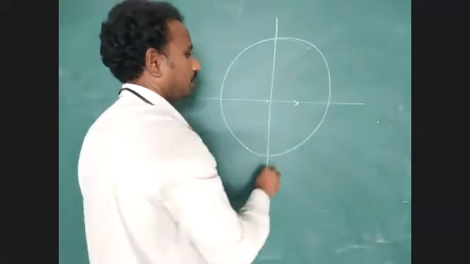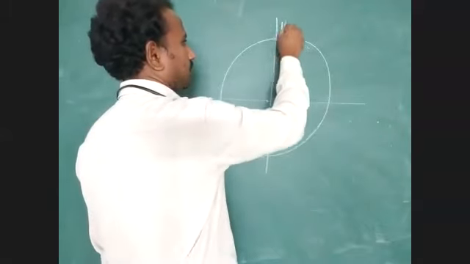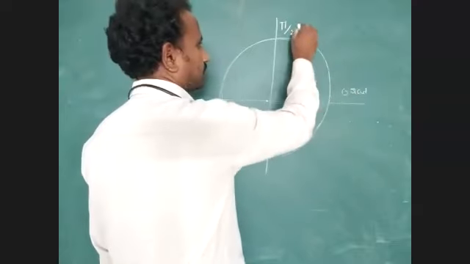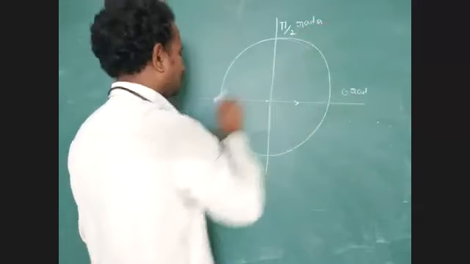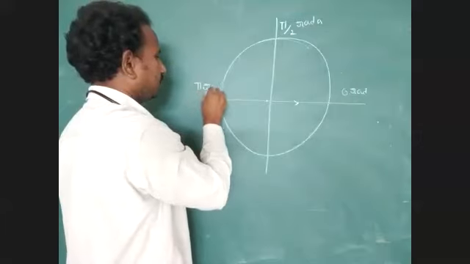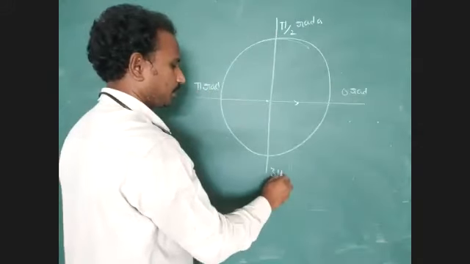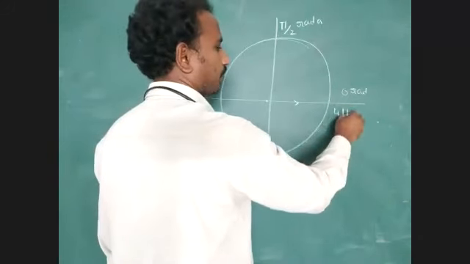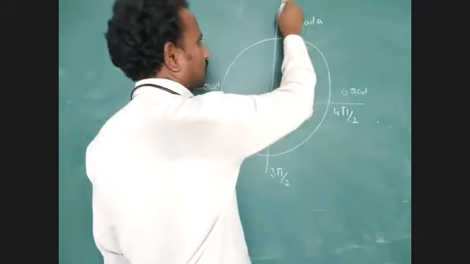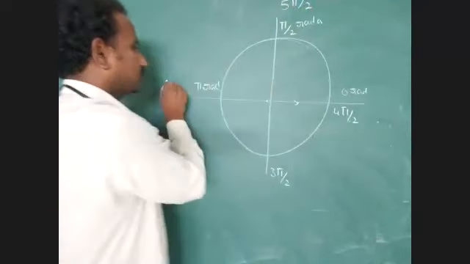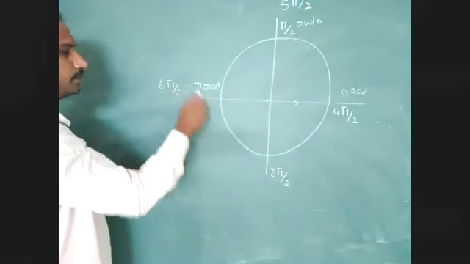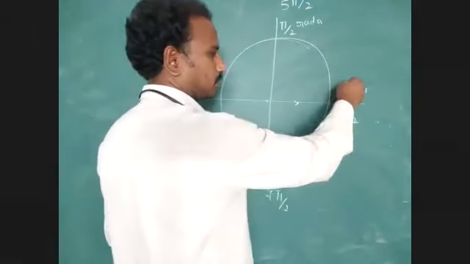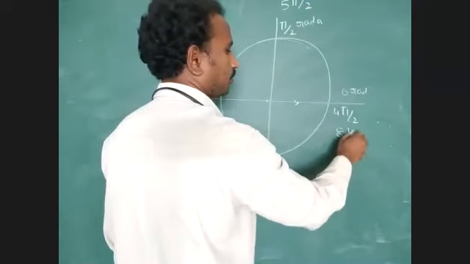So we have to identify that angle in radians: 0 radian, pi by 2 radian, next pi radian, next 3 pi by 2 radian, next 4 pi by 2 radian, next 5 pi by 2 radian, next 6 pi by 2 radian, next 7 pi by 2 radian, next 8 pi by 2 radian.